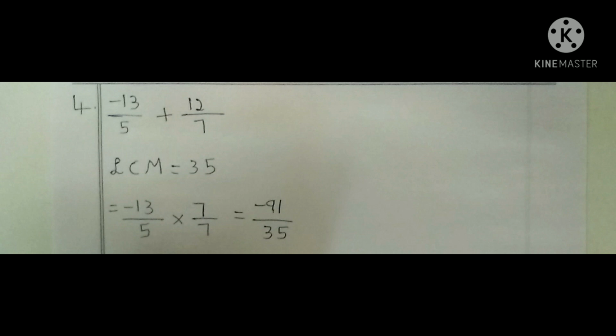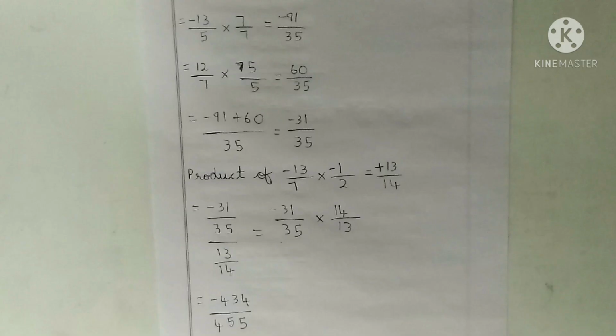Here the denominators are different, so we should do the LCM, which equals 35. We multiply minus 13 by 7 into 7 by 7 and get minus 91 by 35. Next 12 by 7 into 5 by 5 gives 60 by 35. By adding these we get minus 91 plus 60 by 35, which equals minus 31 by 35.